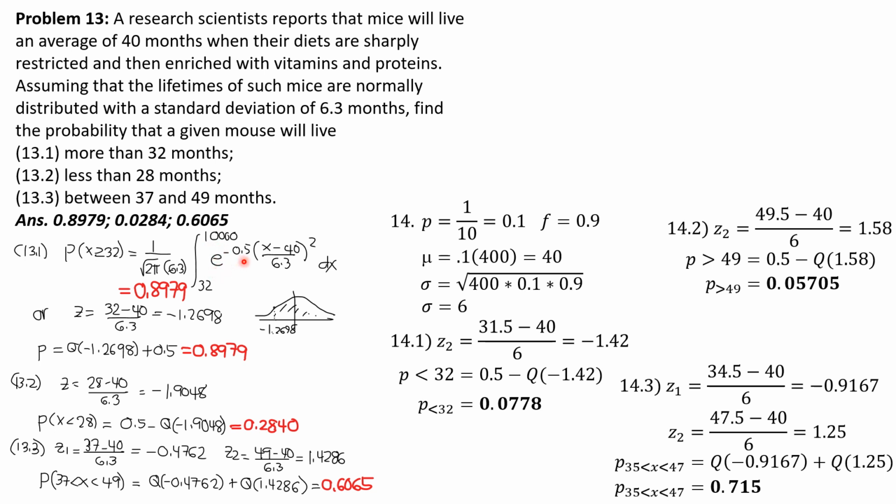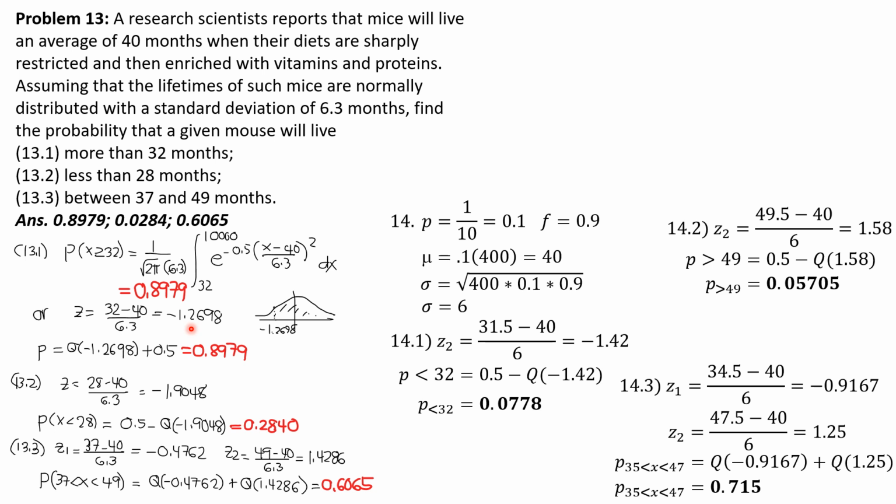Then e to the negative 0.5 of quantity x minus 40 over the standard deviation, squared, dx. So using your calculator there, you will get 0.8979. Then if you use the calculator, the corresponding z-score is 32 minus 40 over 6.3.